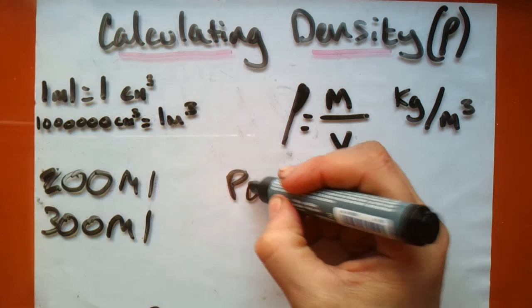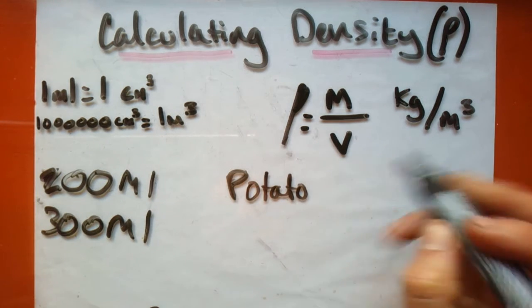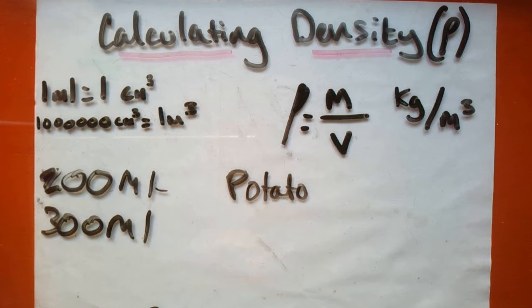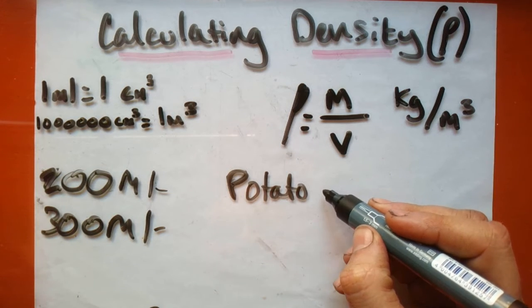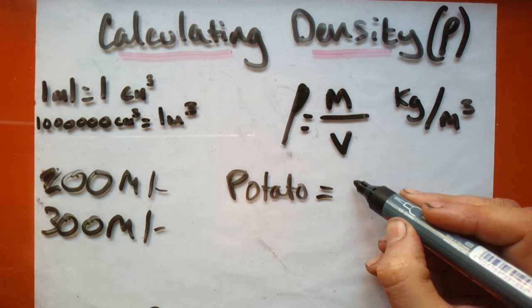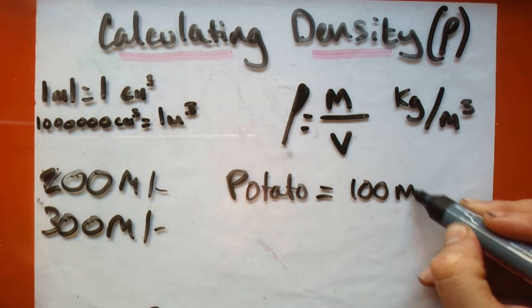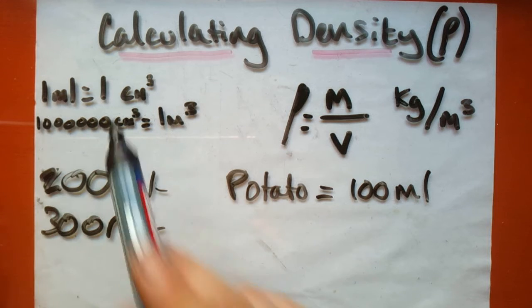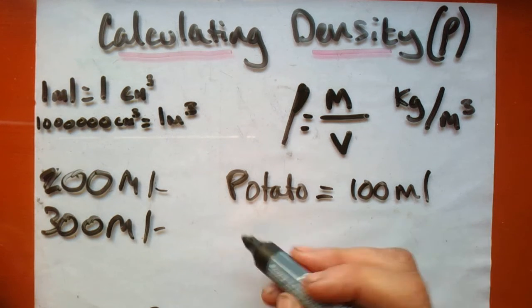But anyway, we know that the water level started off at 200 milliliters, it raised to 300 milliliters. We then know that the potato has a volume of 100 milliliters. And we know from up here that 1 milliliter is the same as 1 centimeter cubed.